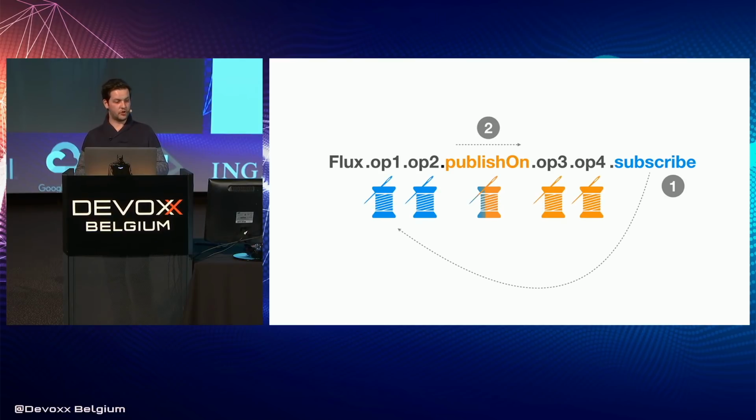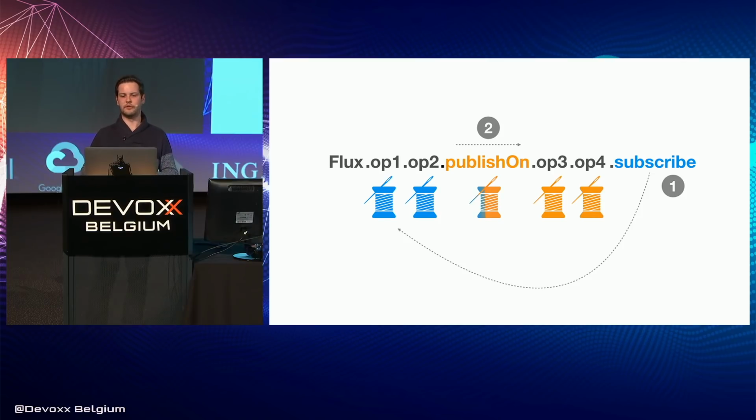The thread in which you call subscribe is where your data starts flowing. When you subscribe, there is a signal that traverses the whole chain up to the source and tells the source, okay, I'm interested now, start emitting data.